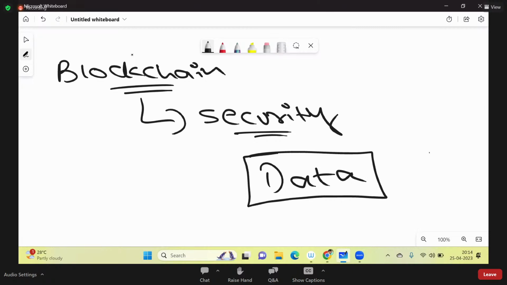And if we are not in a position to protect that data, it will become a very serious issue going forward, because if the data goes to wrong hands, the consequences will really be different. That is where blockchain technology is going to fit, and it is going to play a very vital role. This is something which we should all first consider with regards to blockchain technology.